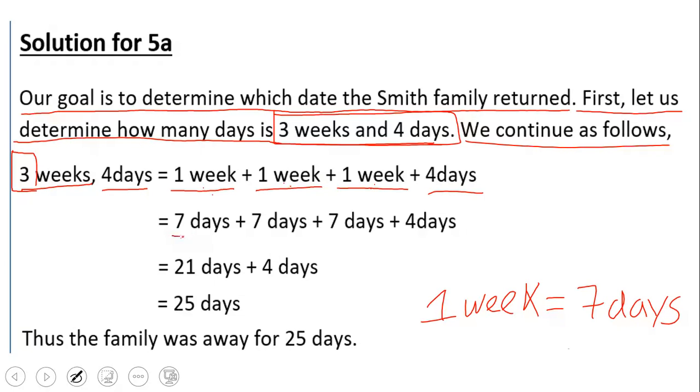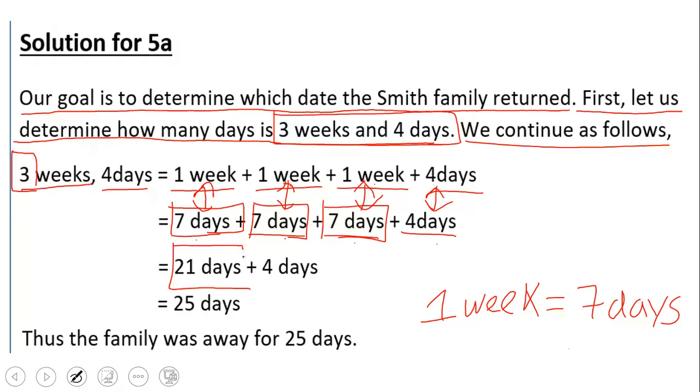So we are going to write 7 days plus 7 days plus 7 days plus 4 days. Because 7 days for this week, 7 days for this week, and 7 days for that week, plus the 4 days that was already there. Now let us add. 7 plus 7 plus 7 is indeed 21, and we bring down the 4 days.